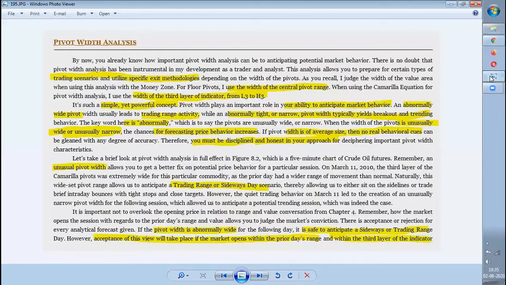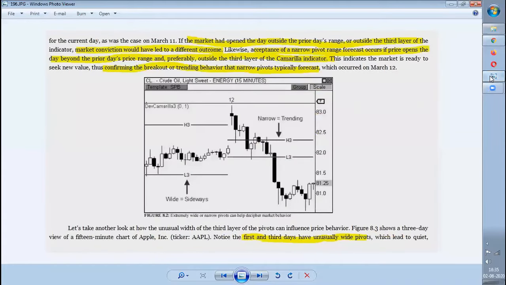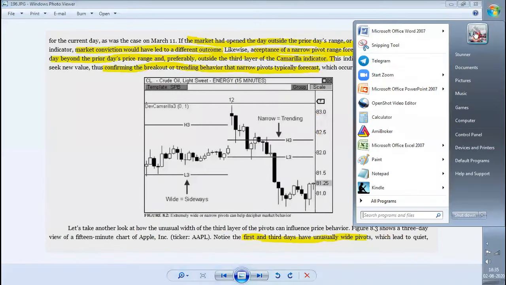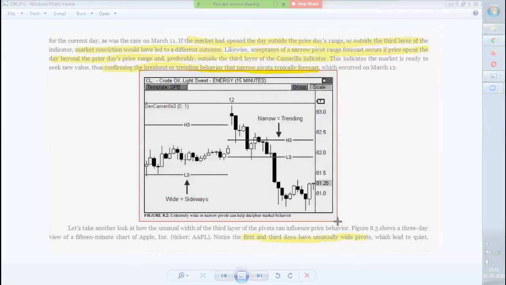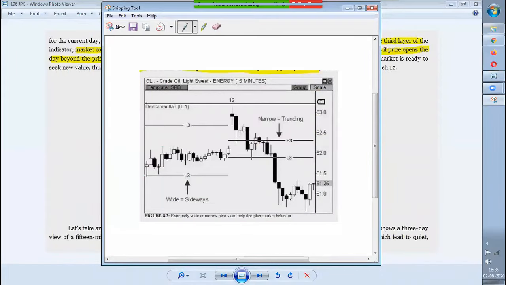Now let's move on and check the example shown in the book. In the chart shown over here, if you could see the previous day, the range was very, very small. Let me take a snipping tool and I can explain in a very in-depth manner. Let's assume this is the previous day and this is the current day.